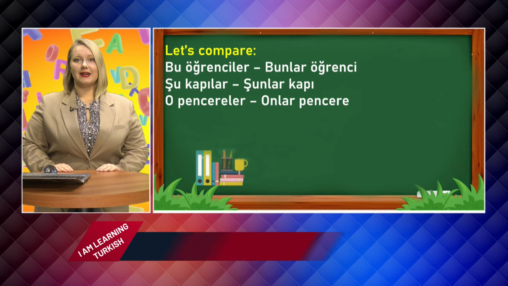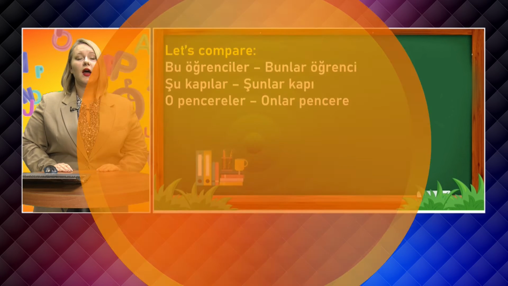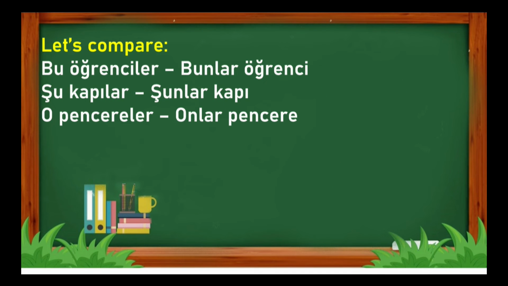O pencereler means those windows, and onlar pencere means those are windows. You see, it's pretty easy, and you will easily use it in your next conversations with Turkish people.